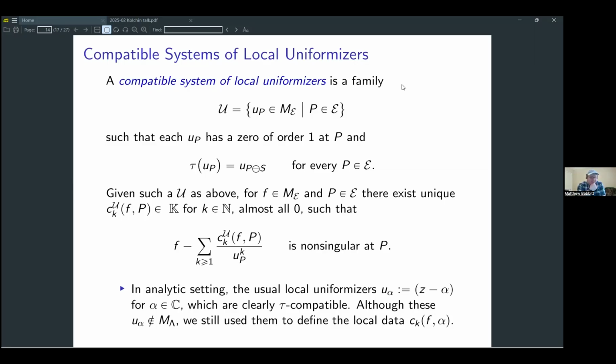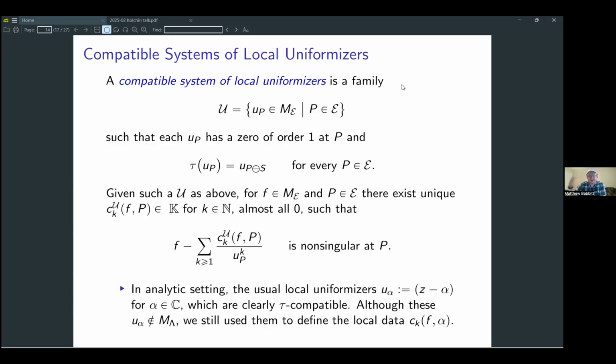Now, in the analytic story, we were taking the local expansions in terms of local uniformizers on the universal covering space, right? z minus alpha is a local uniformizer on C, not C mod lambda. They're clearly shift compatible, but even if they're not elliptic functions, we were still able to use that local data from these uniformizers on the covering space.